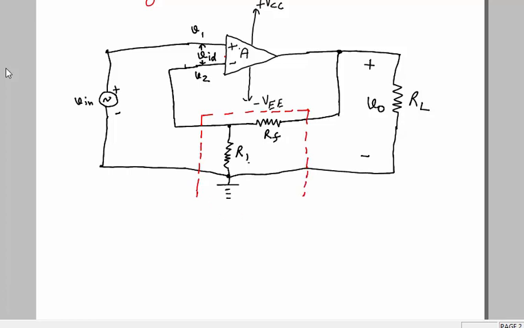Already in the topic feedback we have seen that the feedback circuit is almost every time a passive element, so we have only resistors here.